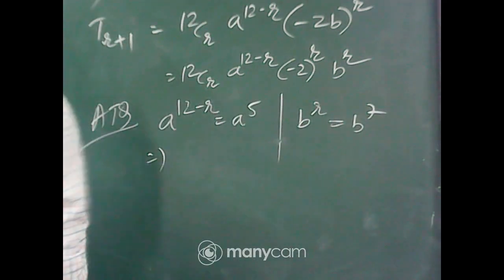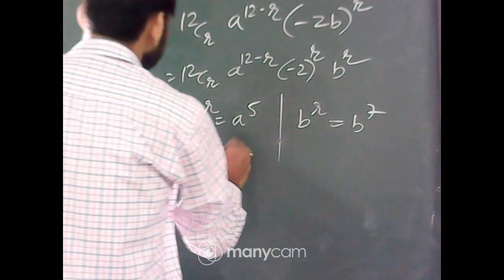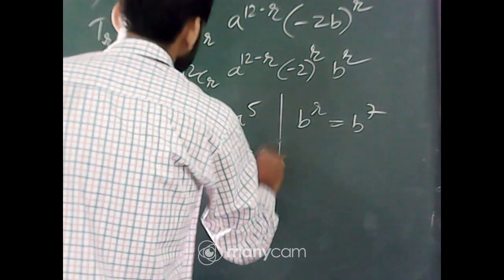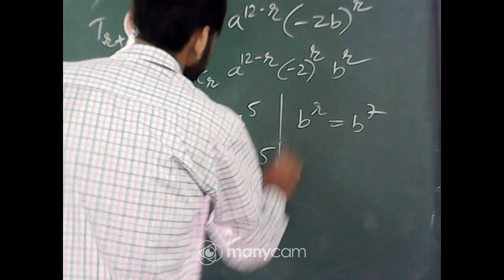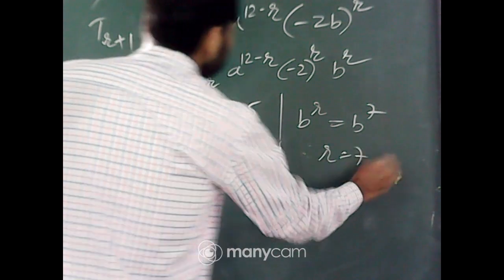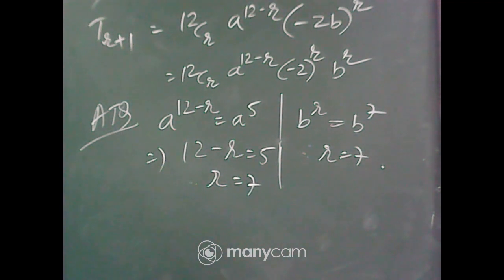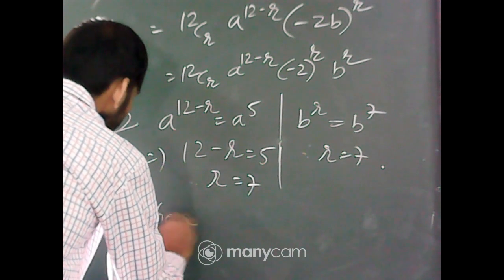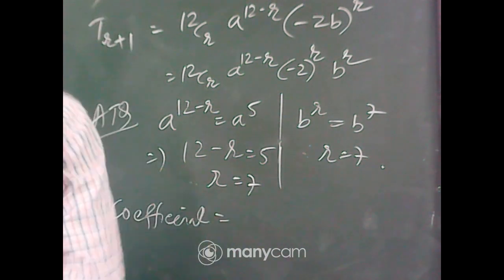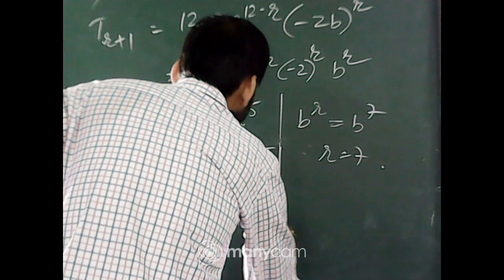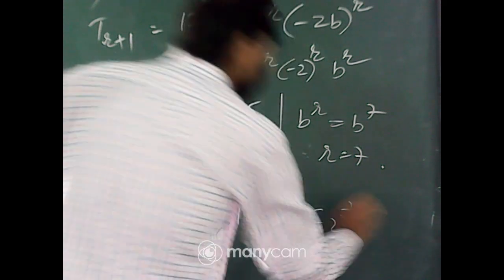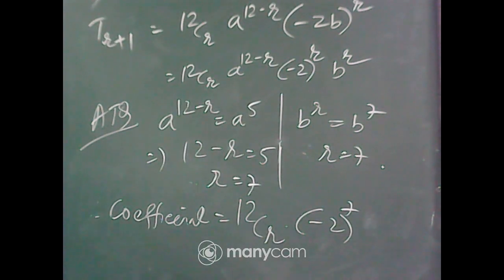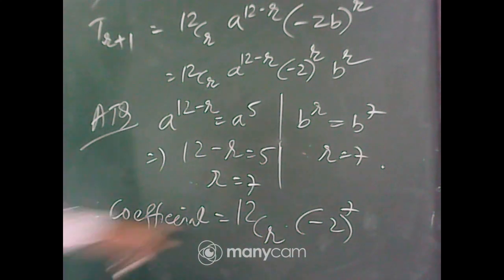From both conditions we get r equals 7. That is why the required coefficient is 12C7 into minus 2 to the power 7. You have to exclude a to the power 5 and b to the power 7 because they are the variables. You are asked to find only the coefficient. So just do the calculation.